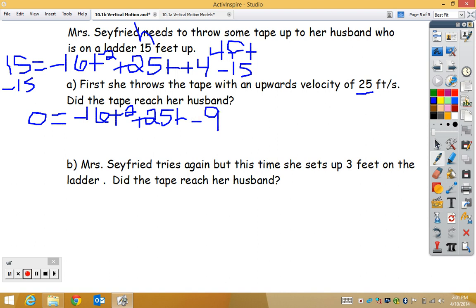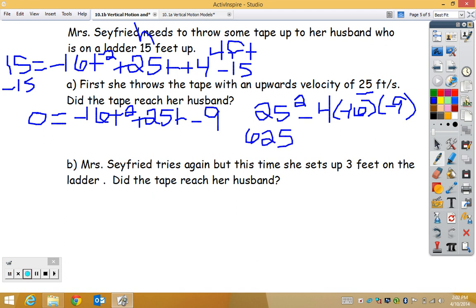So we're going to go 25 squared and plug into our discriminant, because I'm seeing whether it's possible. 25 squared is 625. 4 times 9 times 16 is 576, and yes, it is possible.